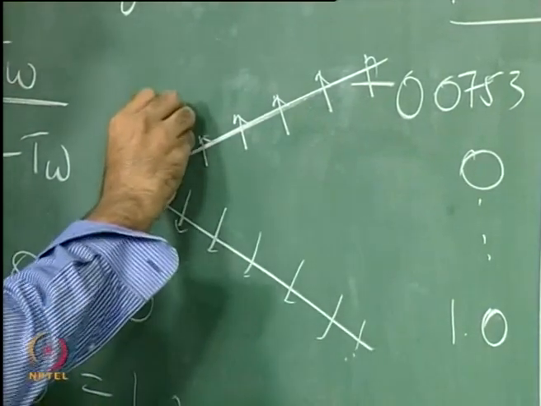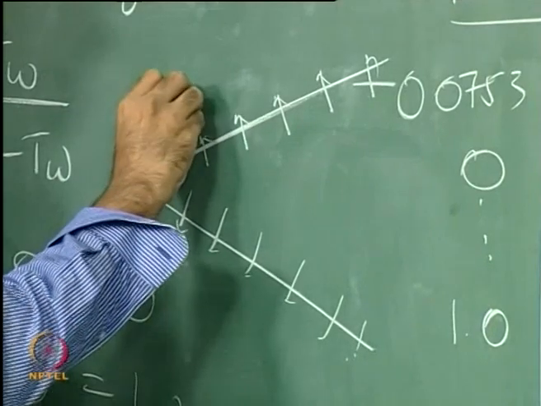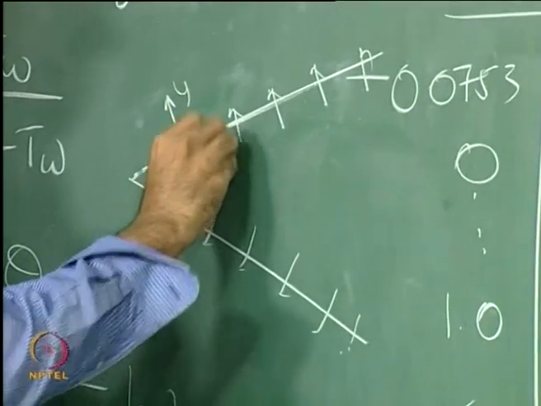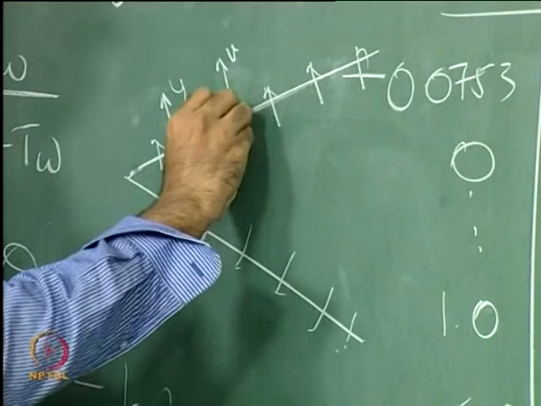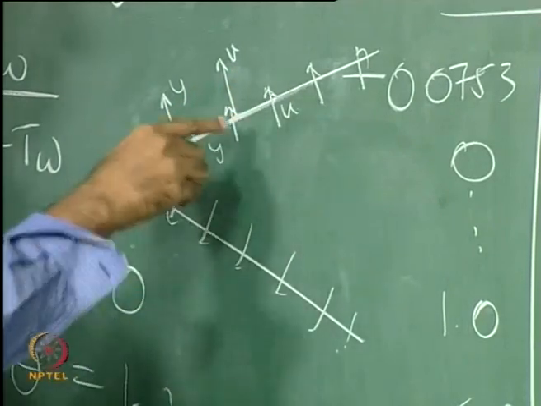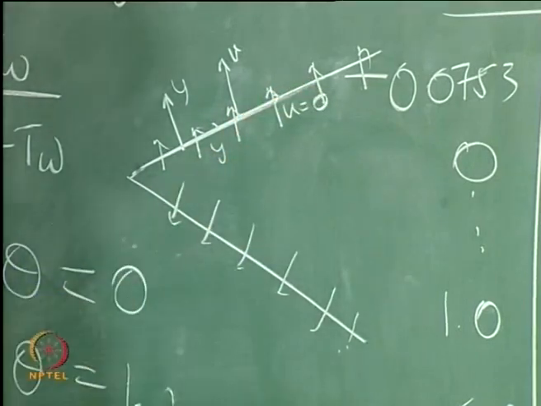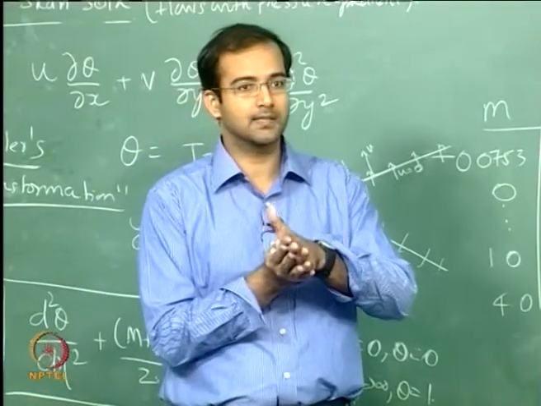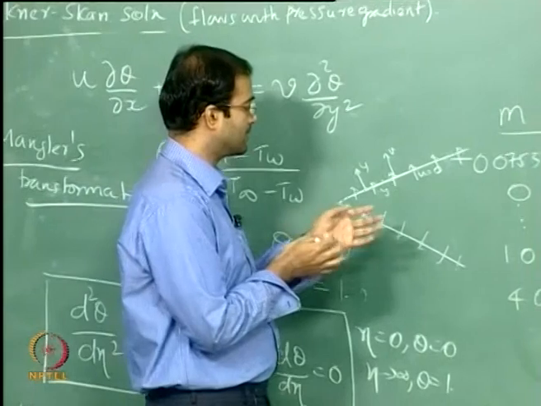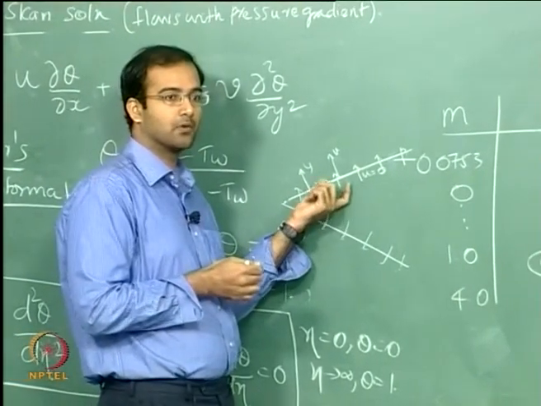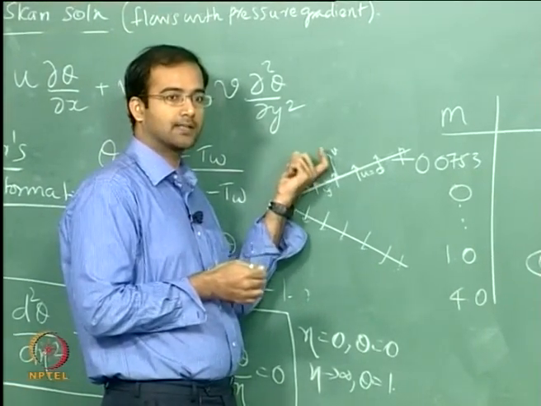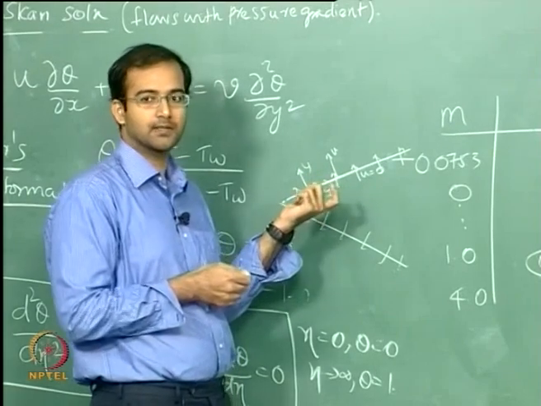So this is your local coordinate x and y, so you can have your v velocity and u velocity at the wall. Anyway, your u velocity is equal to 0 because it cannot slip tangentially, but it is quite possible that you are blowing or you can suck. This is called flows with transpiration.